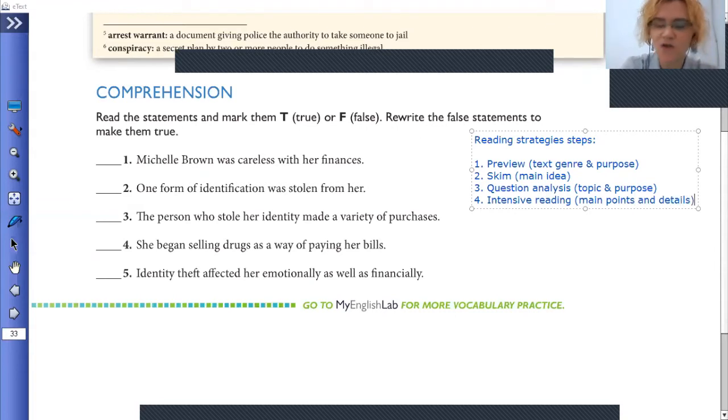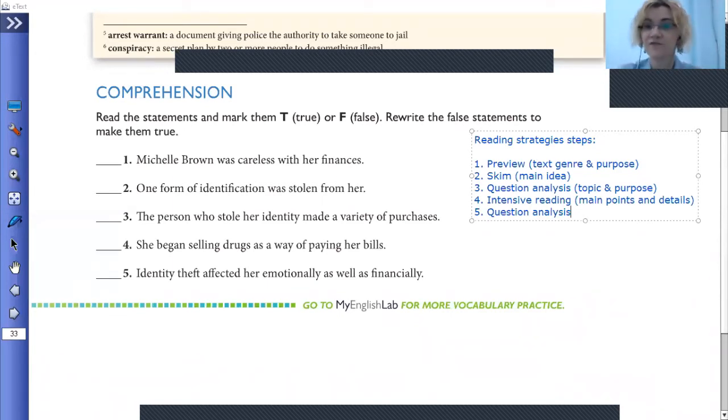Not all the details, only the details that are important in context to the main point. After we do that, we do another question analysis. We go back to the question. Sometimes you can already answer a question at step number 3, if it's a general question or general information, or global information, as we can call it too.